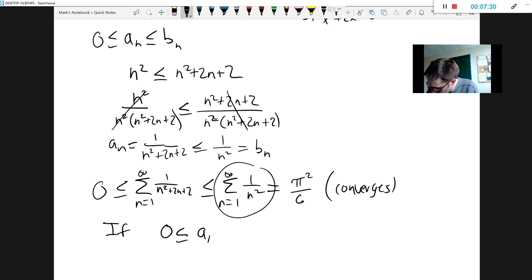And so if 0 is smaller than AN, which is smaller than BN, and by the way, the reason this 0 is important is because that means that these series are monotonic. They're increasing. As you add more terms, they get bigger and bigger and bigger.